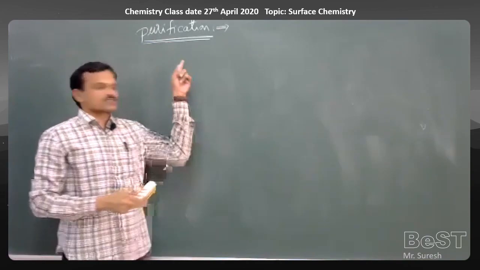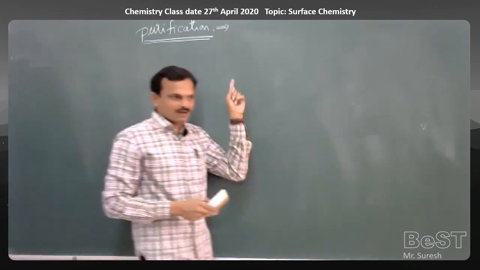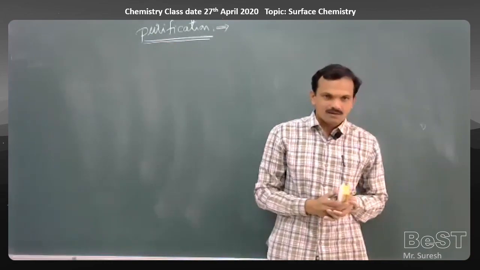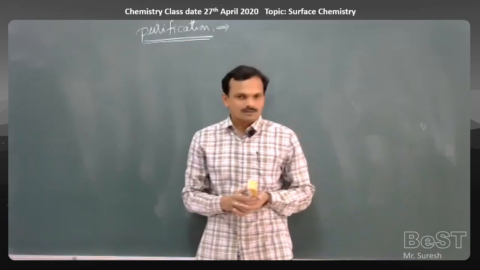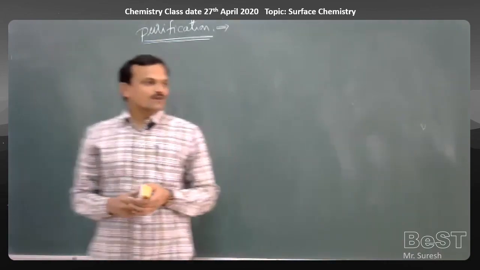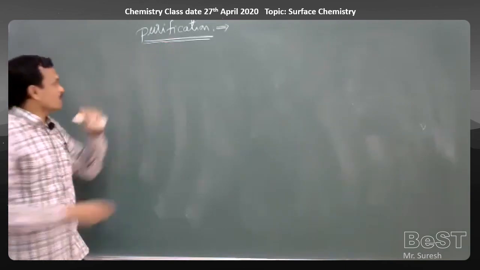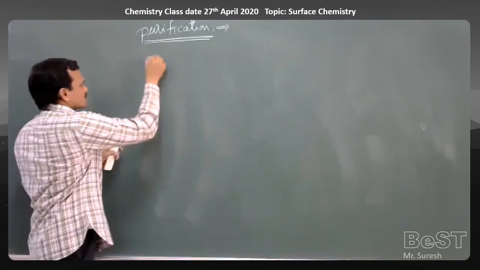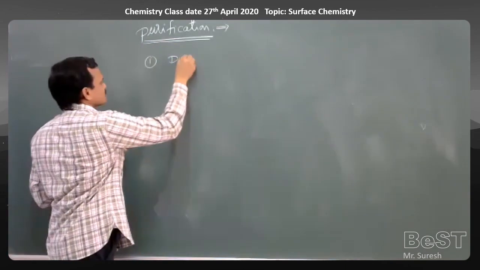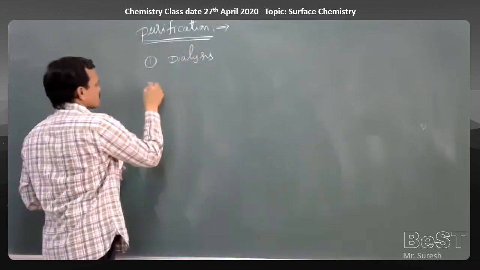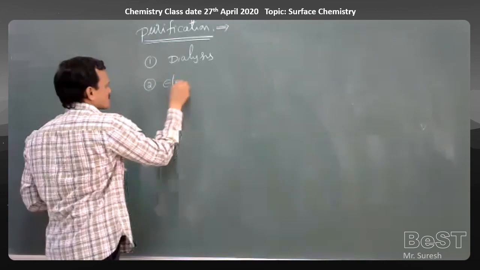So purification is the process of removal of excess electrolyte particles from a colloidal solution. That is called purification of colloids. And this purification of colloids is done by three different methods. One is dialysis. Second one is electrodialysis.